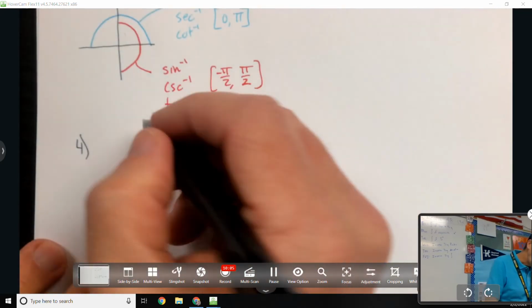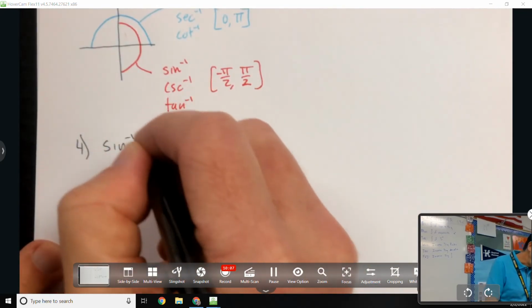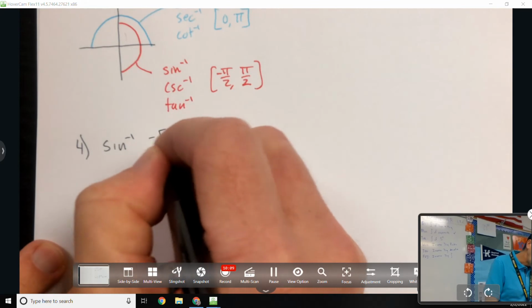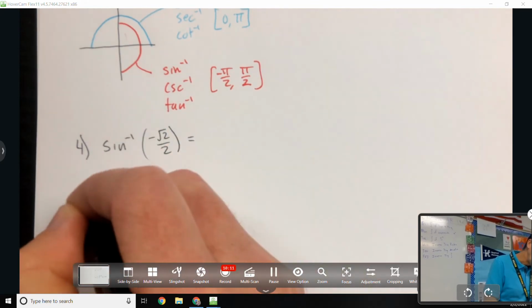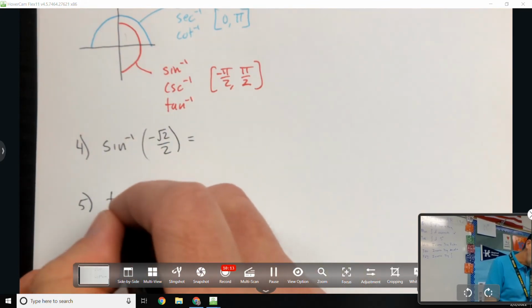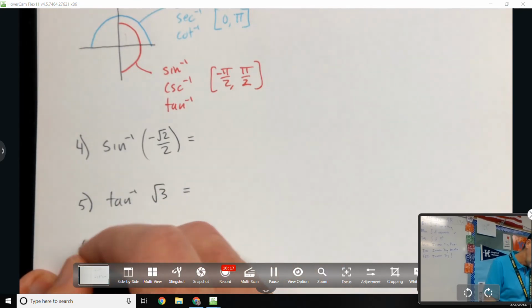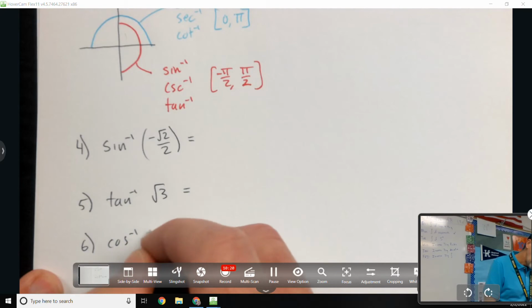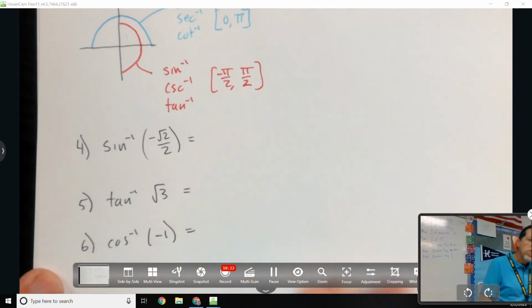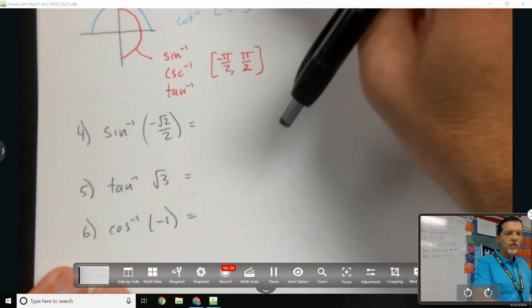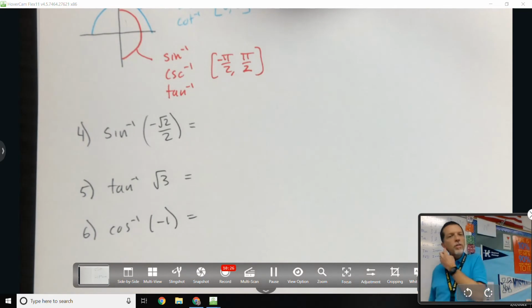Let's do a quick, hopefully quick, recap or review here. Some sample problems for you. So try those three. Inverse sine of negative root 2 over 2.